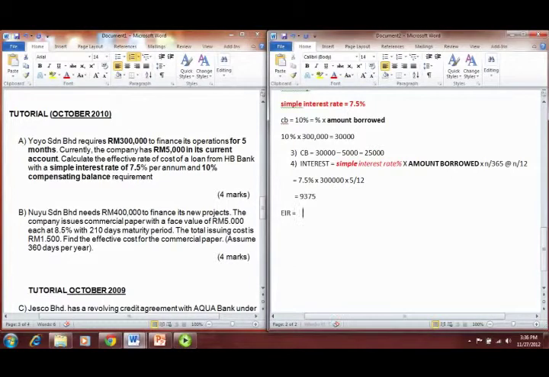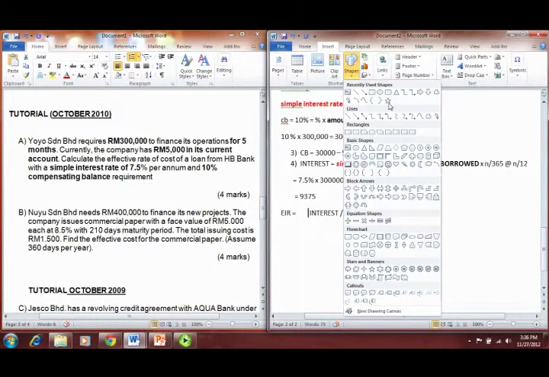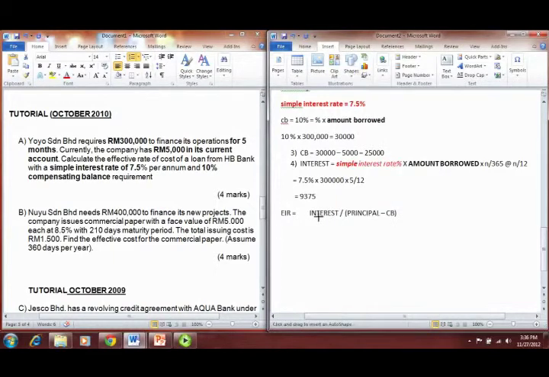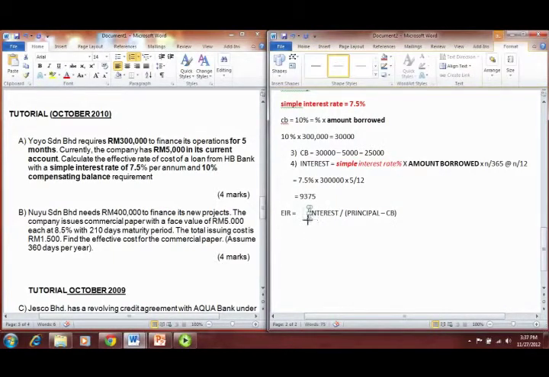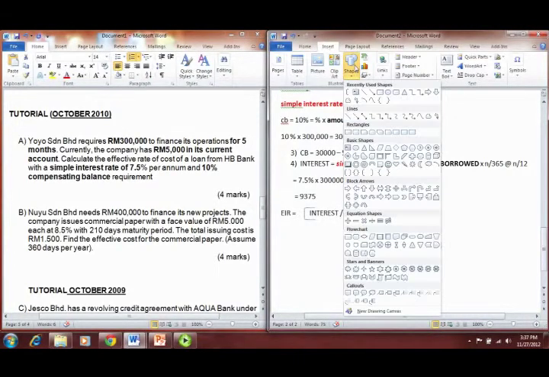Okay, class. Now you have identified your formula. EIR equals interest divided by principal minus your CB. So interest divided by principal minus CB.